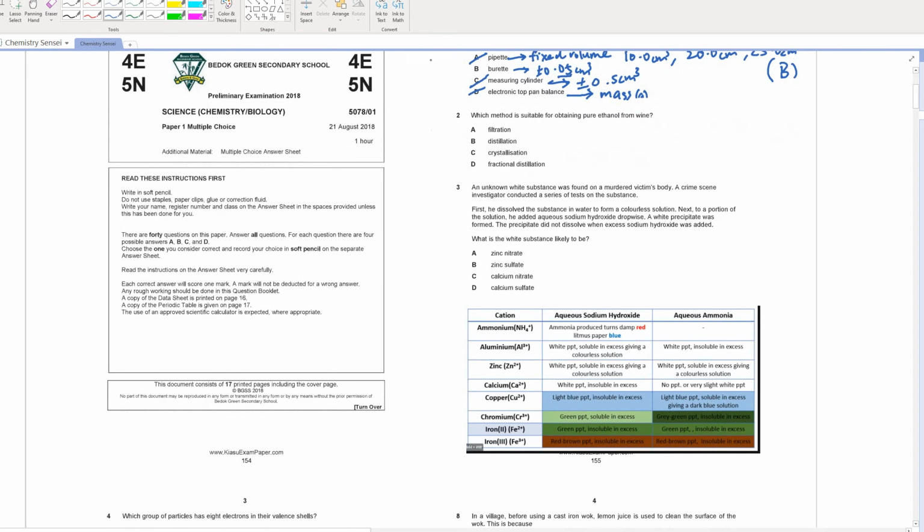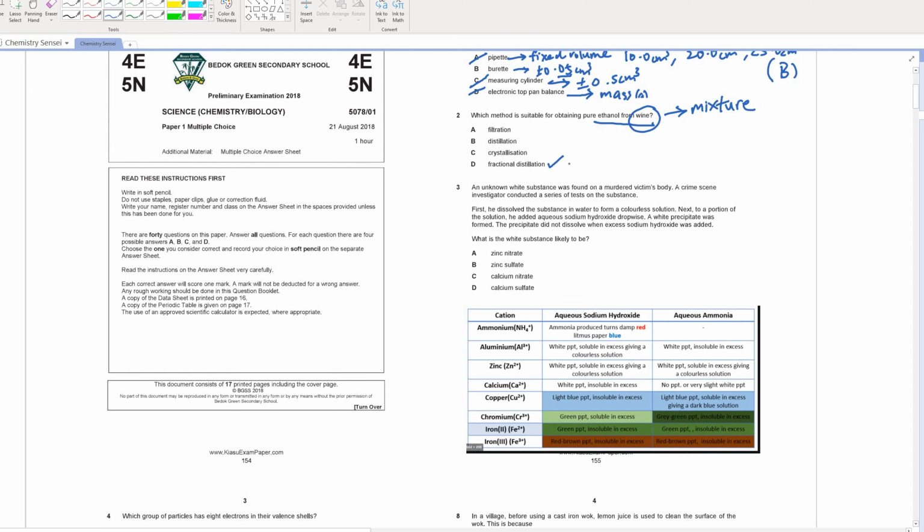Question 2. Which method is suitable for obtaining pure ethanol from wine? Wine is a mixture of alcohol and maybe other flavors and coloring dye. So it is a mixture of multiple substances. For that, the best technique we can use for separating pure ethanol from wine is fractional distillation.